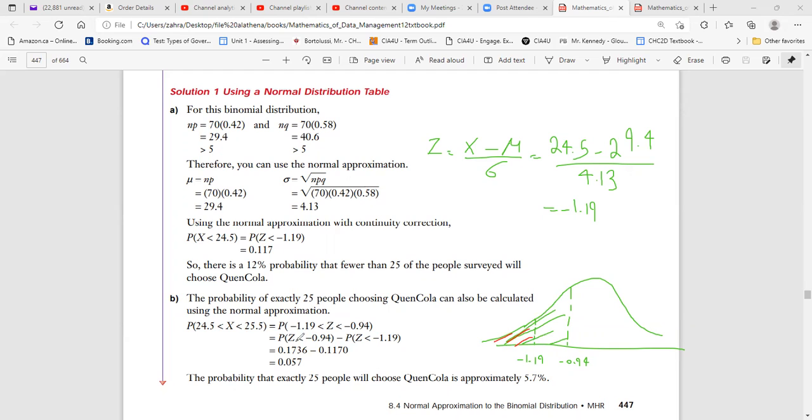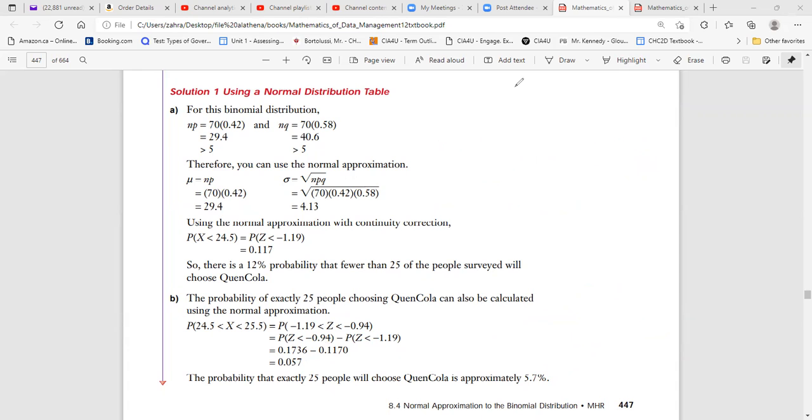Therefore, it is P of Z less than negative 0.94 minus P of Z less than negative 1.19. You can find these two numbers from the Z-score table, subtract them, and that is the result, which is 5.7%, or approximately 6%.